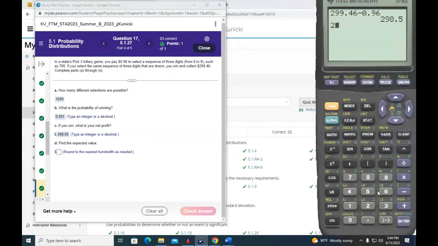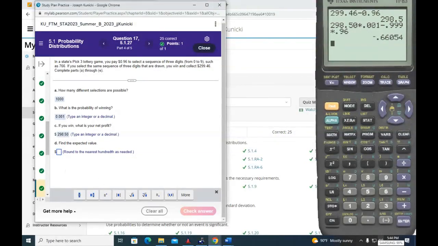I take 298.50 times 0.001, and I'm just going to put the minus here instead of adding, I'm going to subtract 0.999 times 0.96. So it's minus 66 cents, to the nearest penny.